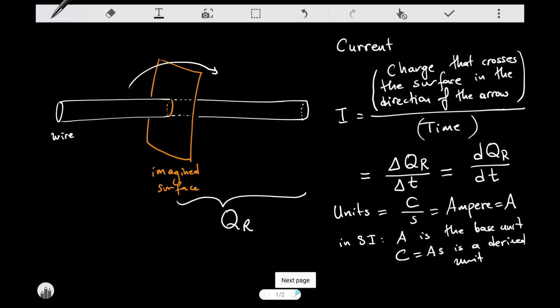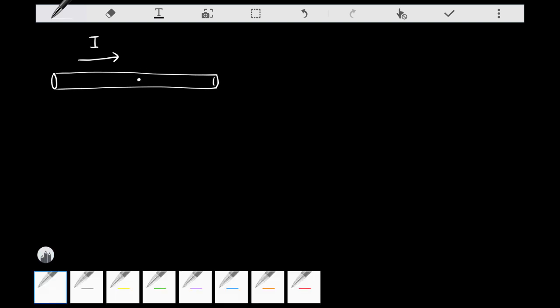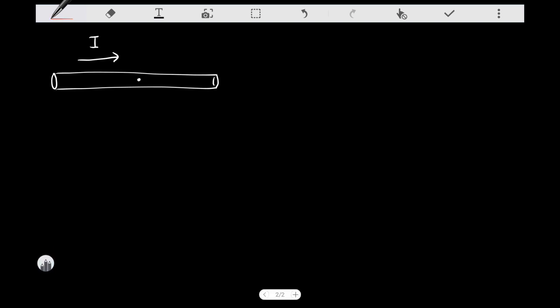Let's also talk about this, because depending on the choice of the arrow, the current can have a different sign. Let's say that I'm measuring the current at that location. Again, I have an imagined surface that crosses the wire, that cuts the wire into two.